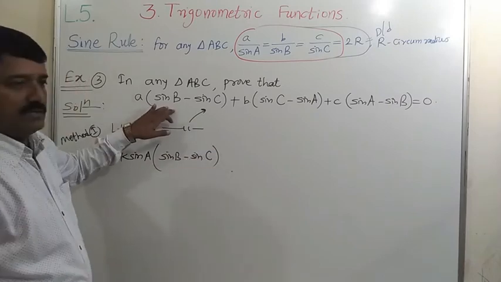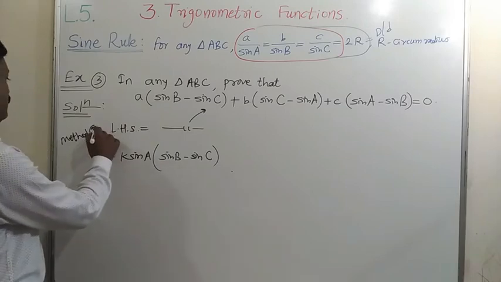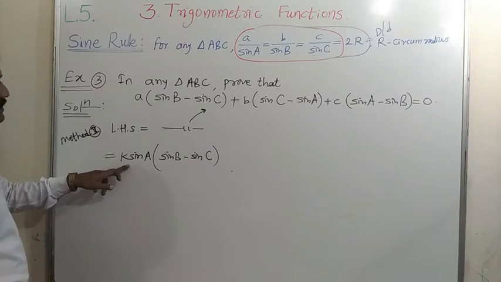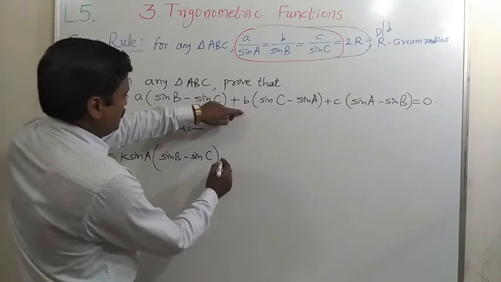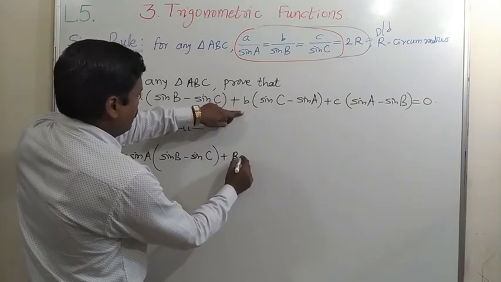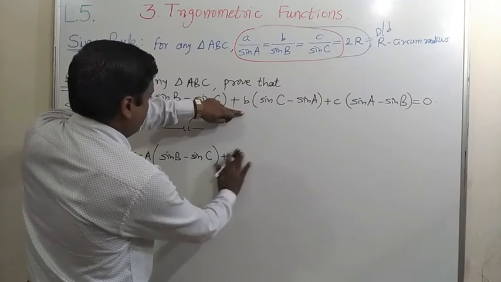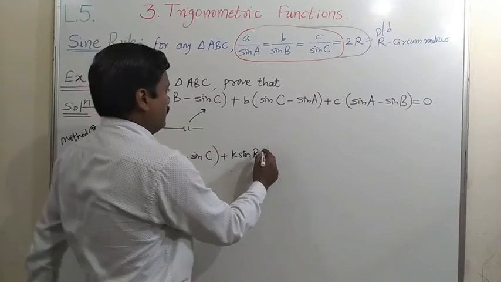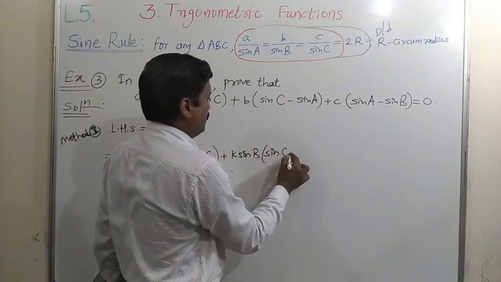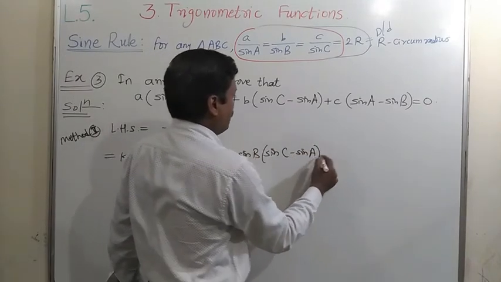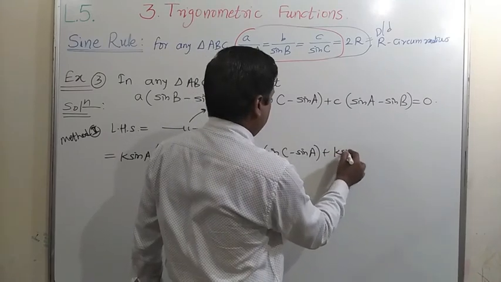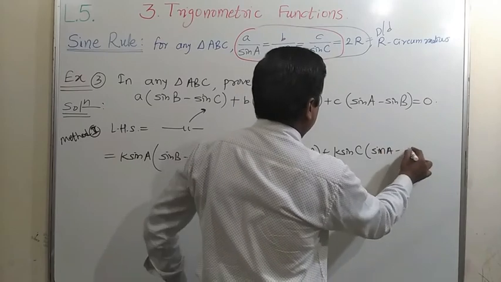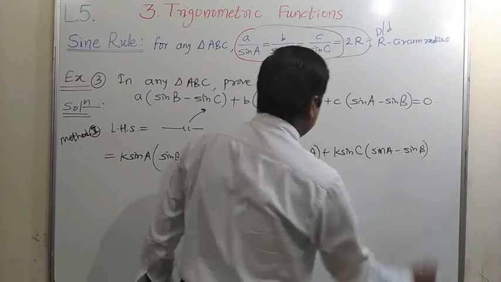In the previous method we have changed sine b, sine c. Now we are changing only that outside a. Change this b by k sine b into sine c minus sine a. Small c will be k sine c in bracket sine a minus sine b.